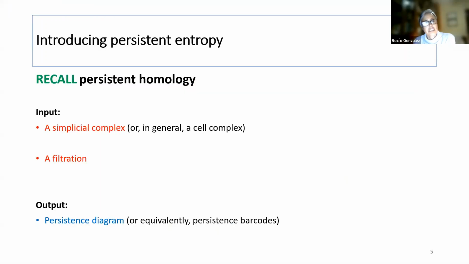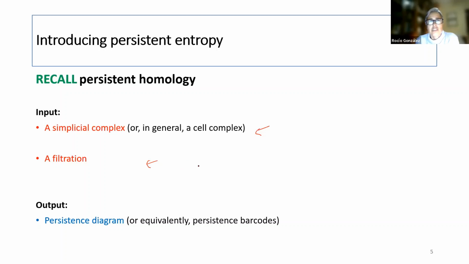To introduce persistent entropy, I need to recall persistent homology. Persistent homology can be seen as a procedure, an algorithm, in which the input is some combinatorial structure, a simplicial complex, or in general a cell complex, and an ordering of the cells of the complex. That is called a filtration.